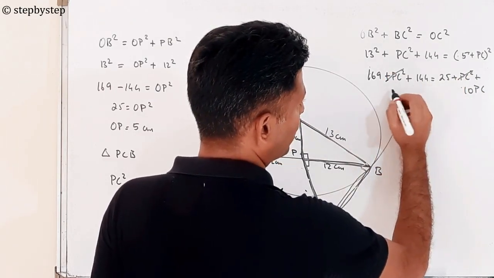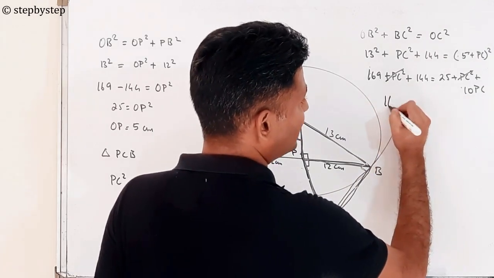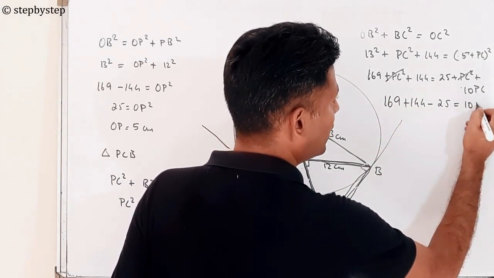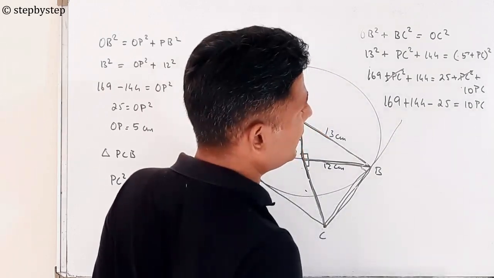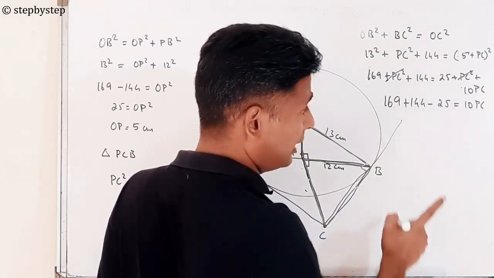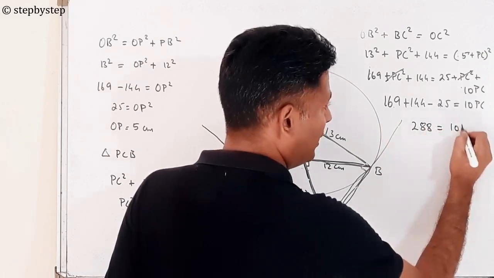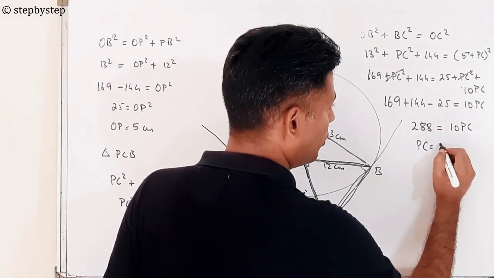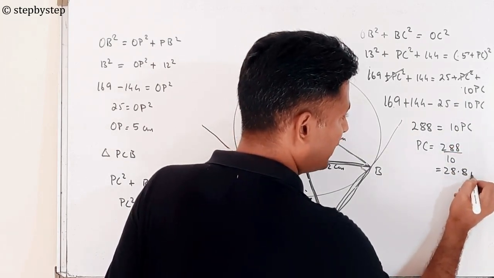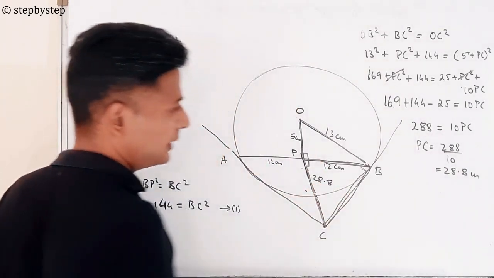So 169 plus 144 minus 25 equals 10 PC, right? So 169 minus 25 is 144, plus 144 is 288, equals 10 PC. So PC equals 288 by 10, that is 28.8 centimeters. So now we got PC as 28.8 centimeters.